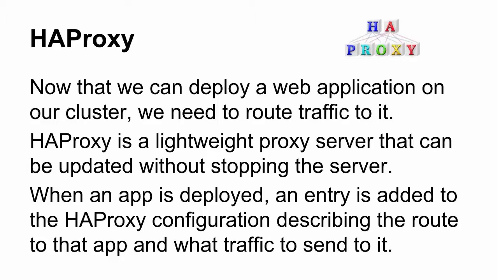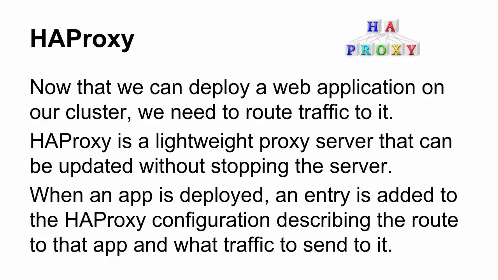So when an app is deployed on Marathon, a script updates this configuration file by polling Marathon and parsing out the appropriate information and creating a configuration file from it.